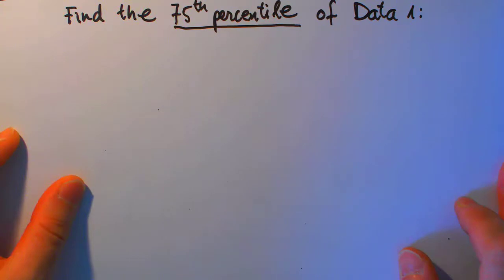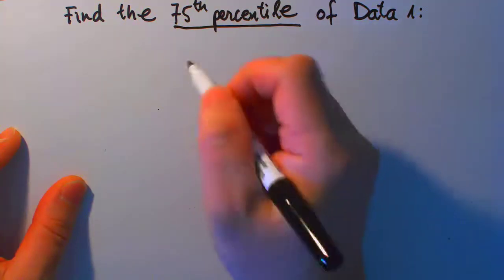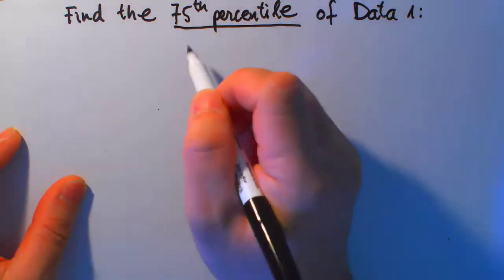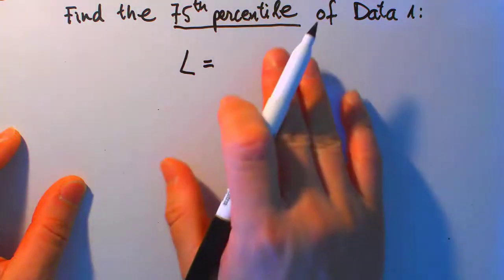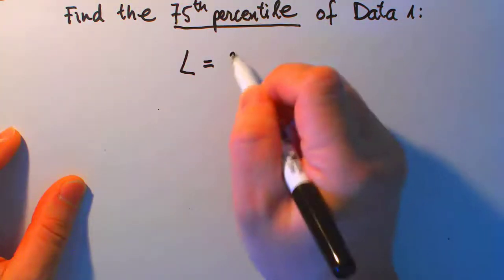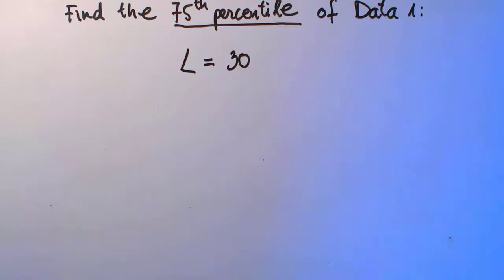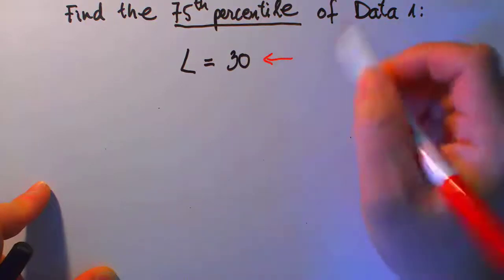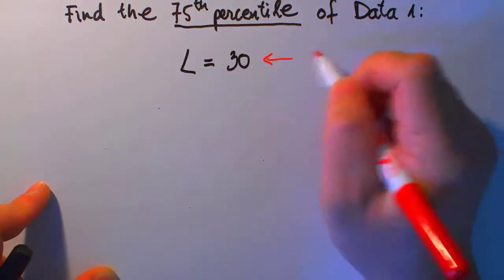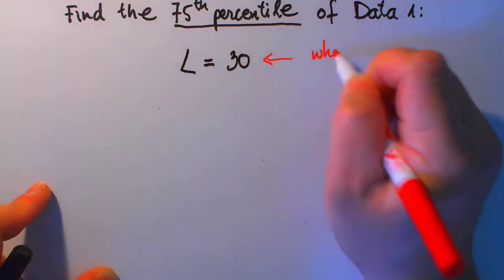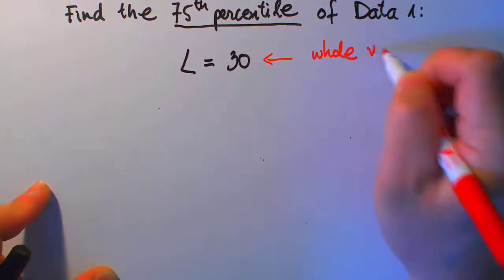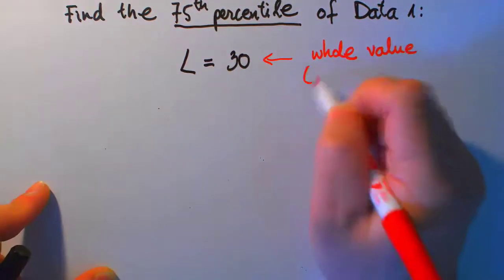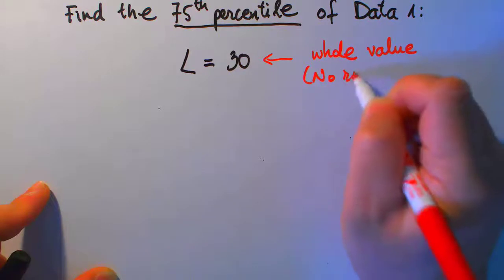Okay, so now you're back. I hope you agree with me that the locator for this percentile should be 30. And once again, we found that this locator, right after the calculation, was a whole value. We didn't have to round, so no rounding.